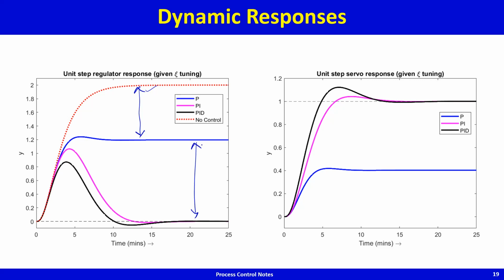By the way, you can calculate this offset by using the final value theorem to figure out what the final value of y is going to be. Final value theorem can be applied. If you use integral action, you can see the magenta curve is for a proportional integral controller. What is this? PID controller. So you can see that the control for PID is actually tighter. You'll get much lower integral absolute error.